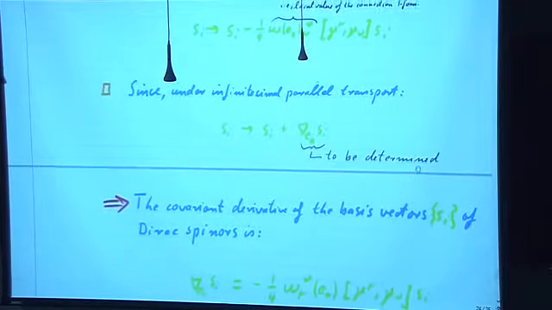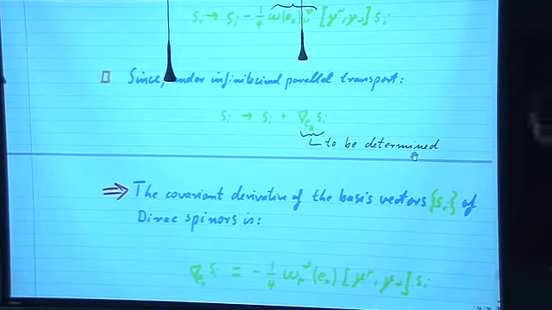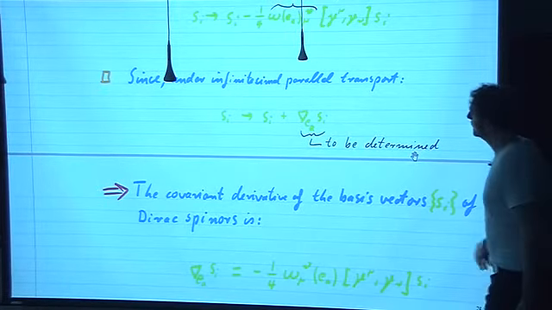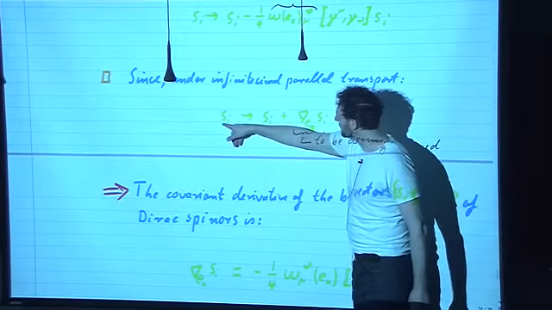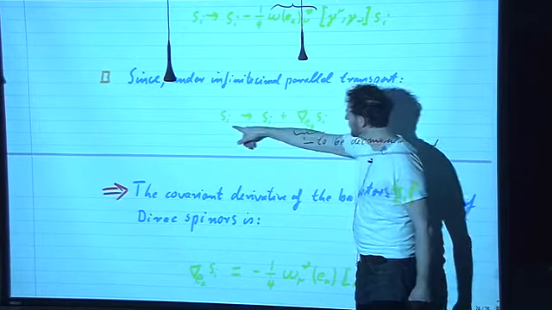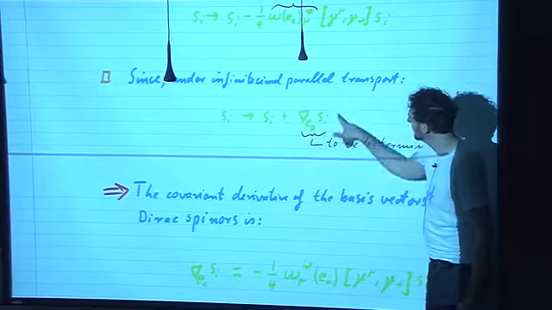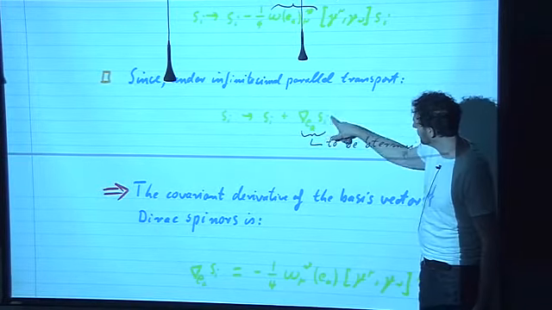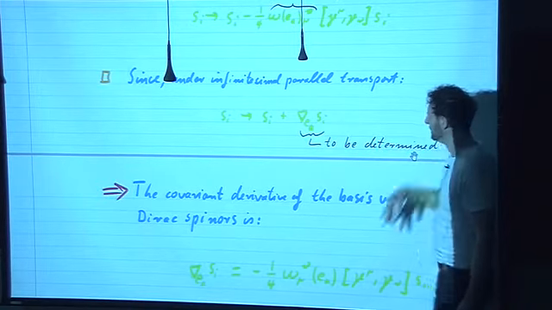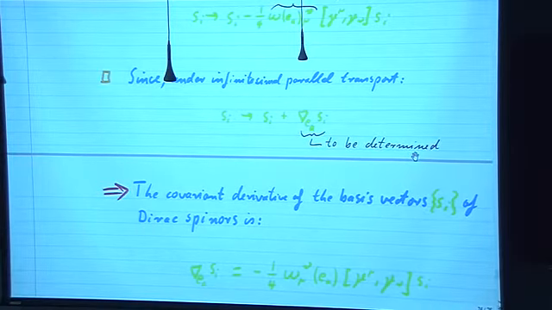Now, let's clean this up. Under infinitesimal parallel transport, then, we have that the spinor field goes into the spinor field plus whatever the affine connection does to a spinor field when parallel transported in the direction EA.